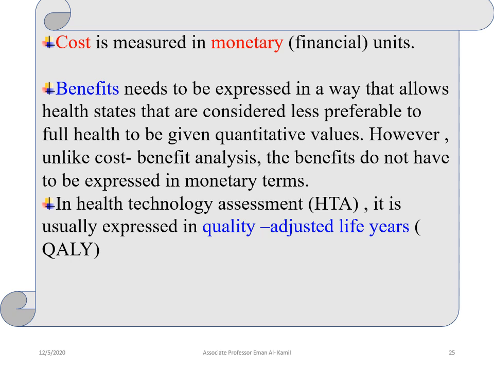Sometimes they tell you there is no benefit from this without quality of life: he cannot go out, cannot walk, cannot work, cannot contribute in the family or in the community. However, unlike cost-benefit analysis, the benefit does not have to be expressed in monetary terms but in the quality of life of the individual. In health technology assessment, it is usually expressed in quality adjusted life years.